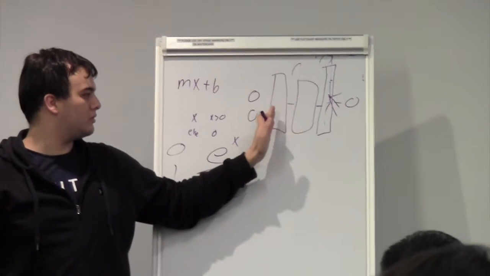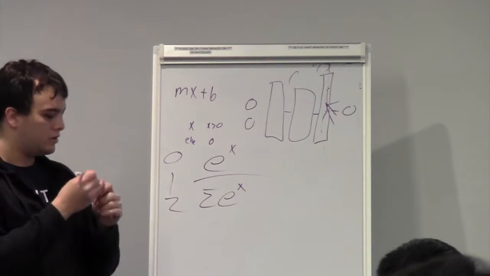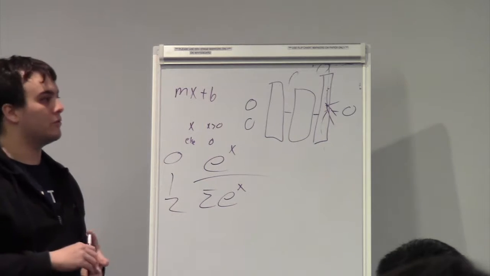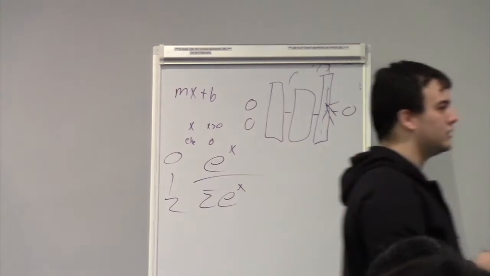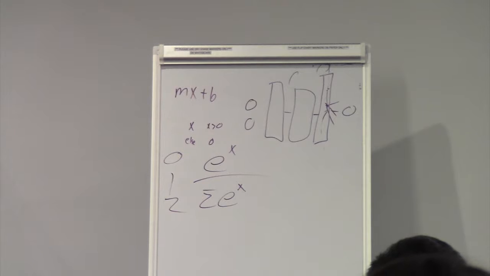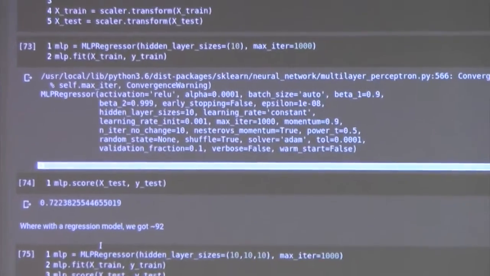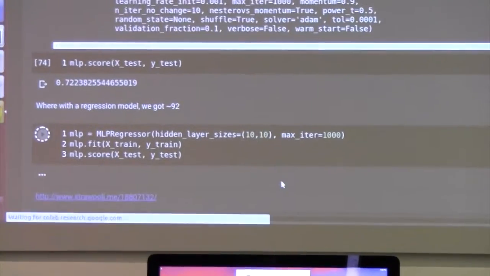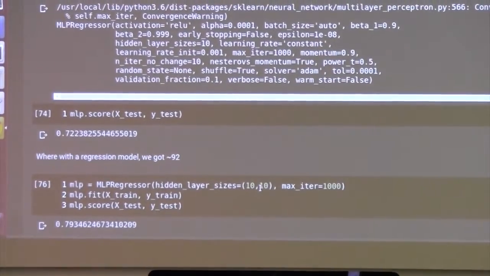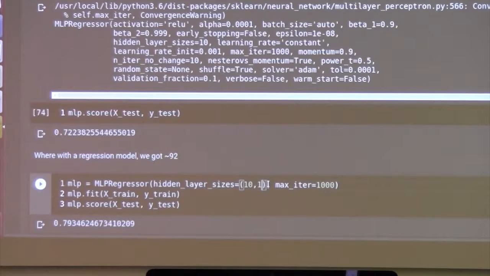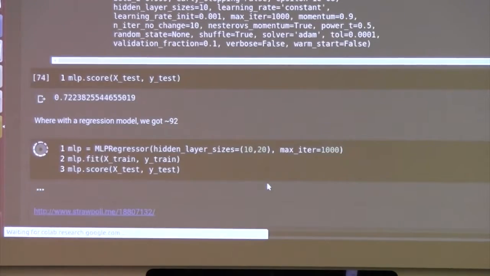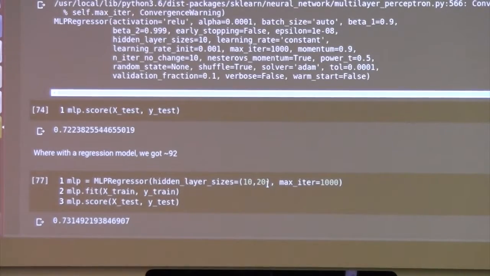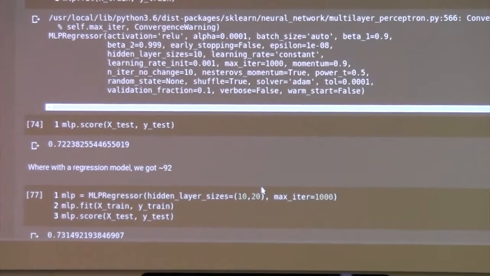We're going to add different layers of 10 each. And it doesn't have to be 10. It can be any number you want, your favorite number, your least favorite number. We're going to fit that, and well, it's actually about the same. So we can also play around with it. Okay, well I was getting like 93% earlier.